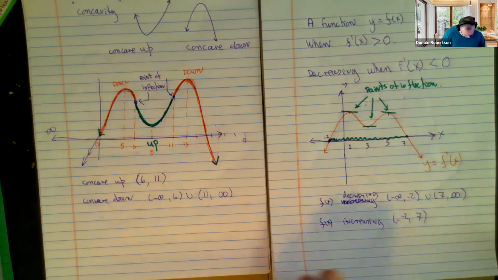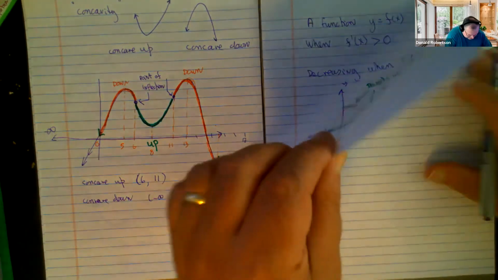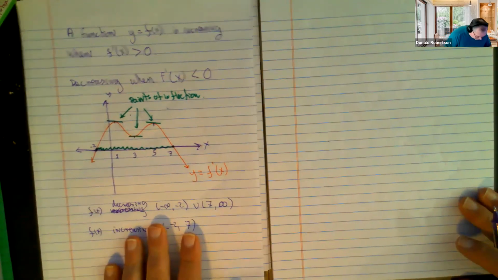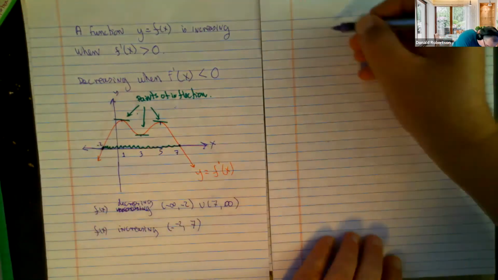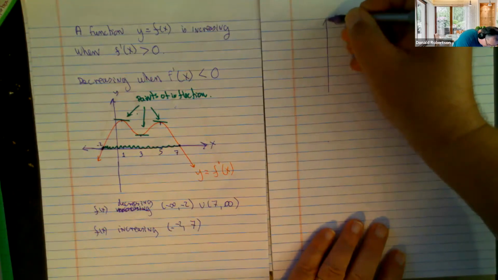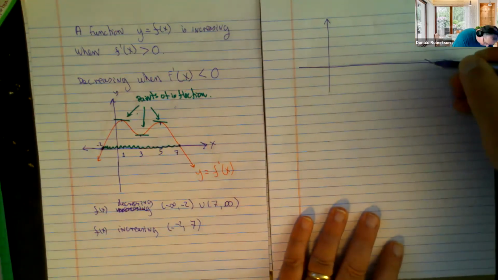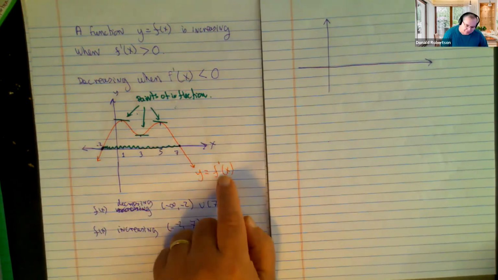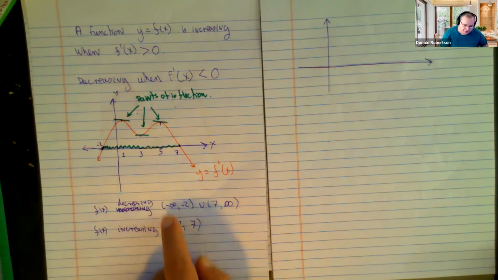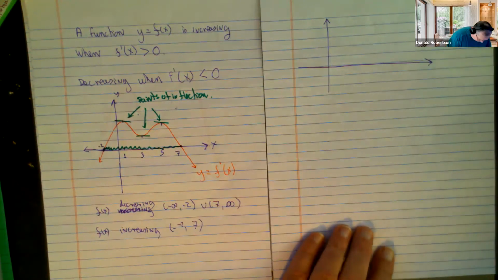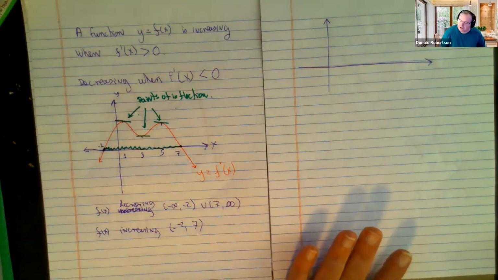I would have a harder time figuring out, is it concave up then turning into concave down? So what we would do instead, if we wanted to do it only from a graph, is if the first derivative tells you increasing and decreasing, the second derivative tells you concave up and concave down.